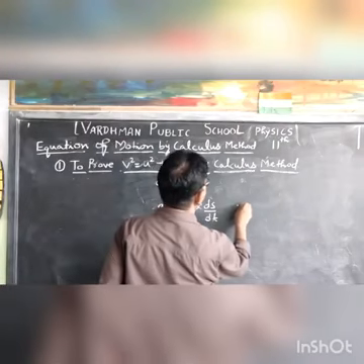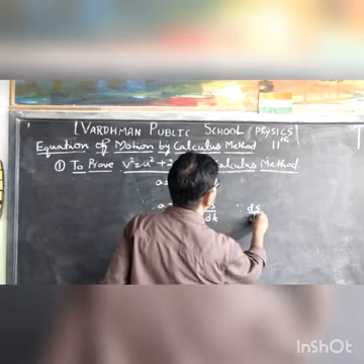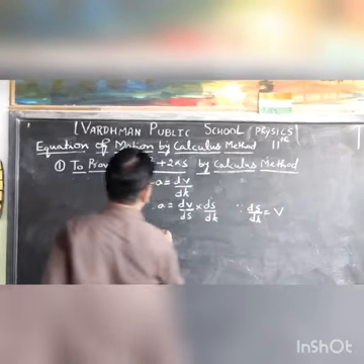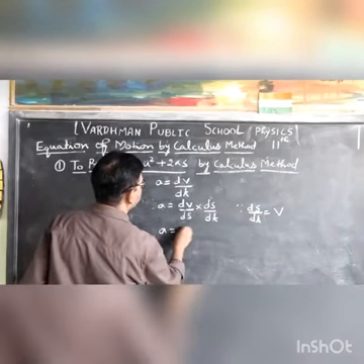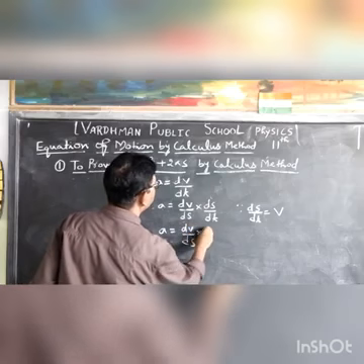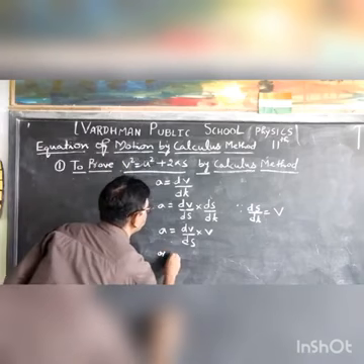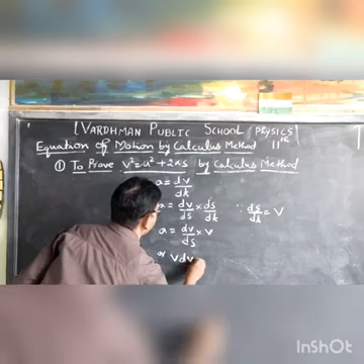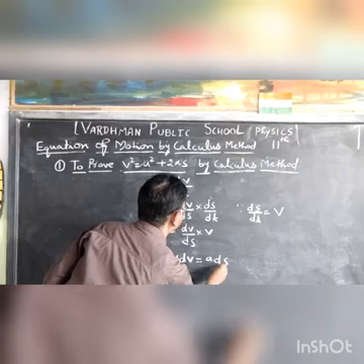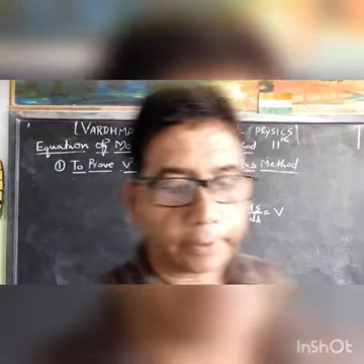Since ds upon dt is equal to v, we can write a is equal to dv upon ds into v, or v dv is equal to a ds.